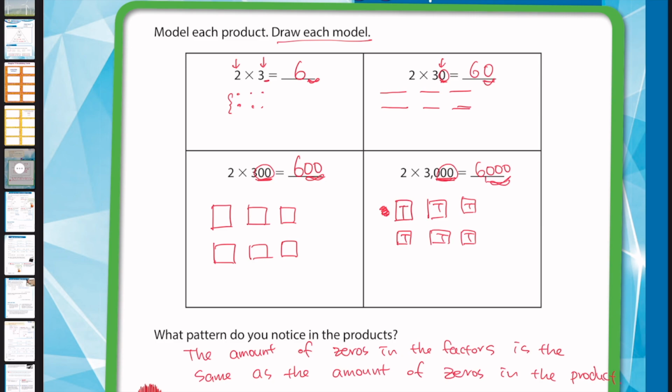The amount of zeros in the factors is the same as the amount of zeros in the product. So 2 zeros, 2 zeros, 3 zeros, 3 zeros, 1 zero, 1 zero, no zero, no zero, right?